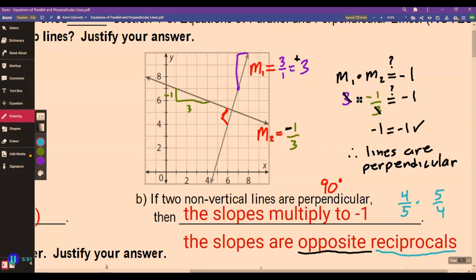And if I have 1 over 3, the reciprocal of that is 3 over 1, which of course is 3. So that definition works as well. If you want to check to see if the signs are different, and if it's basically a flipped fraction, they will also multiply to -1, and those are perpendicular. So 2 ways of looking at it.